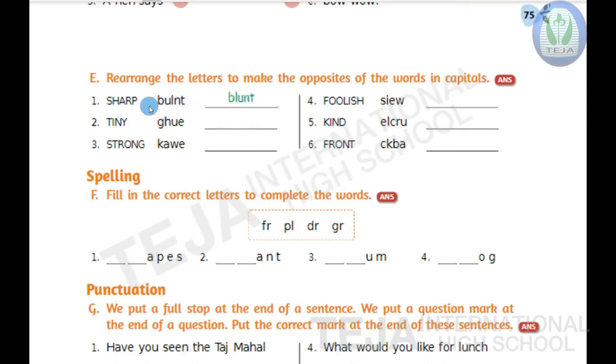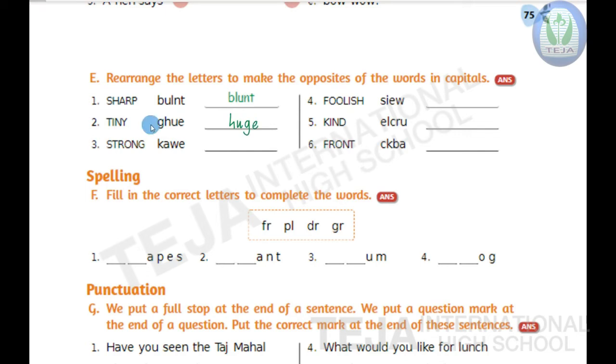Sharp, blunt. Now second one, tiny. The opposite of tiny is huge. That means large. Tiny means small, and the opposite of tiny is huge. H-U-G-E, huge.